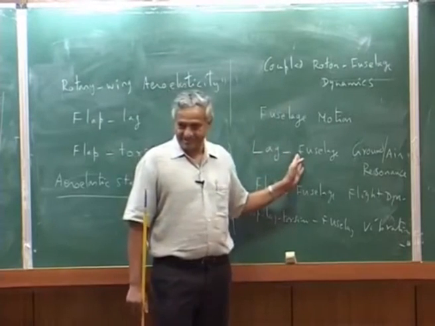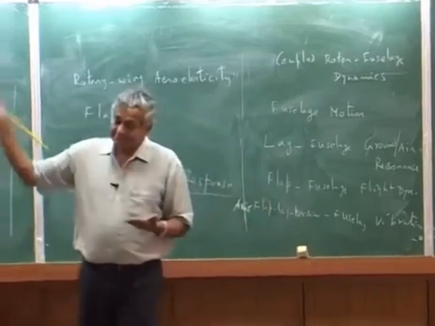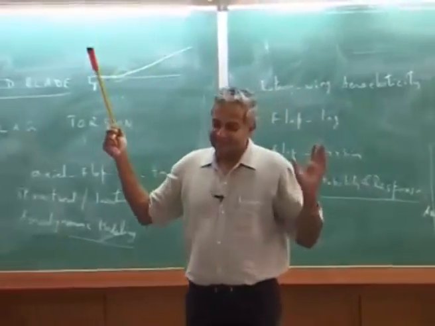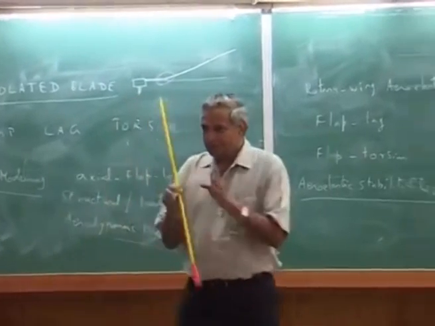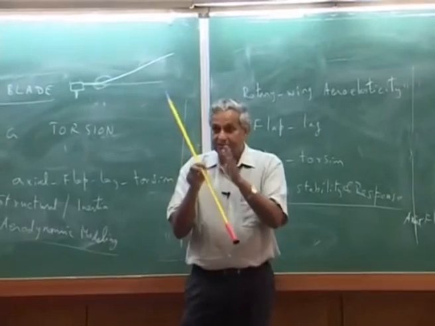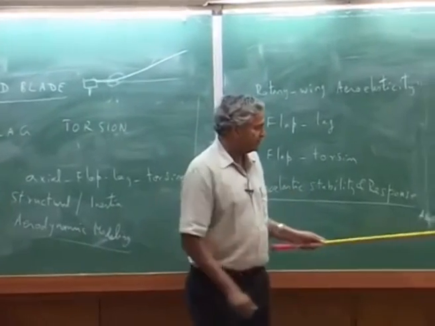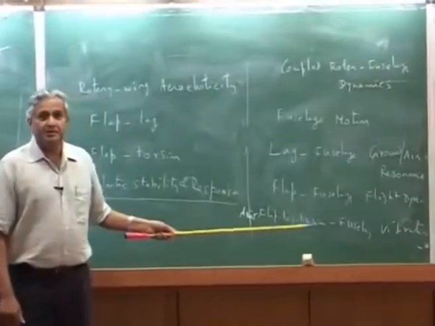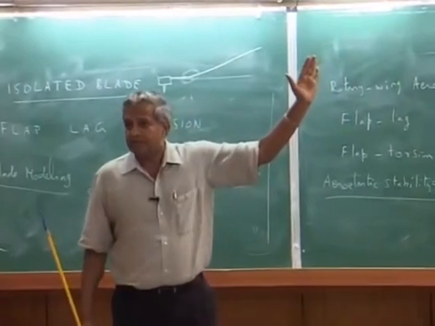This problem you will have some 20 hertz, 40 hertz, everything. All the frequencies will be there. Now you see, depending on the frequency range of interest, your modeling also changes. But technically, if you have a complete model, you can solve all the problems.